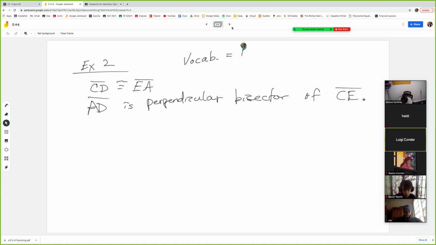If you don't know what perpendicular is, or what a bisector is, you're going to be in trouble. Perpendicular lines always make right angles at the intersection. A bisector splits equally: it splits an angle equally, or splits a segment equally. So AD is a perpendicular segment bisector of CE.